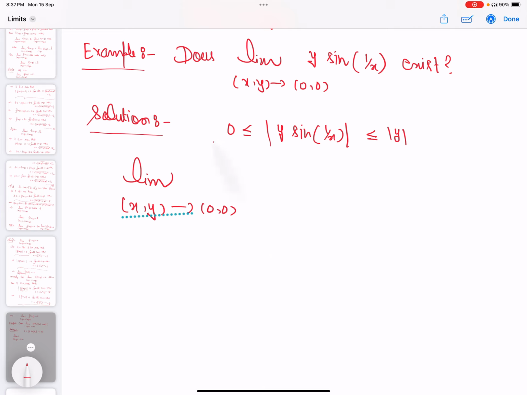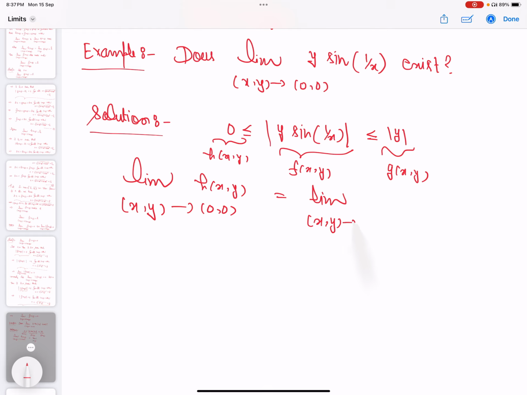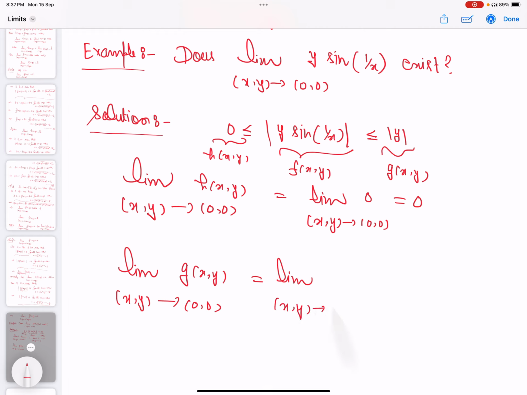Let's say this is my f(x,y), and this is my g(x,y). So what is the limit of h(x,y)? Because it is itself 0, the limit will be 0. And what is the limit as (x,y) tends to (x naught, y naught) of the other one? We have already checked. This is also 0.